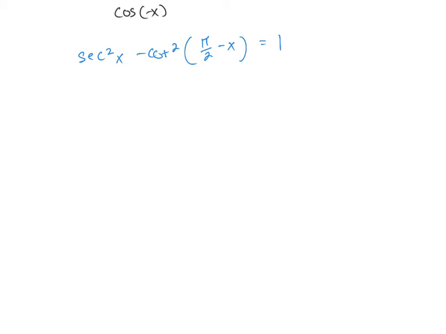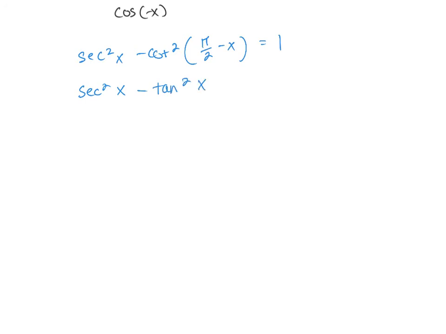Let's think about what we have first. Cotangent squared of pi over 2 minus x is the same thing, as we know from our cofunction identities, as tangent squared of x. So this can be simplified to secant squared of x minus tangent squared of x.